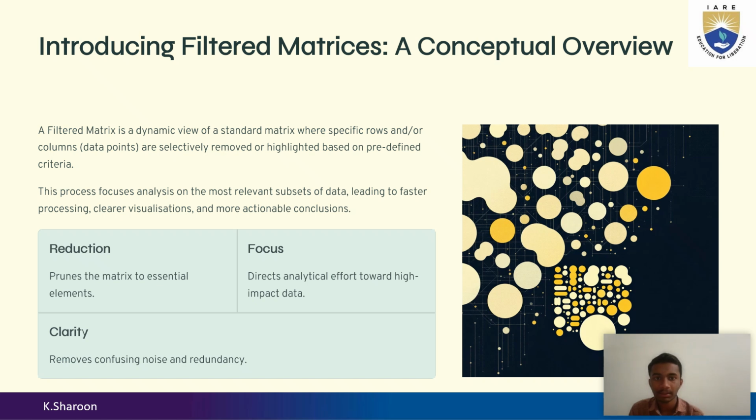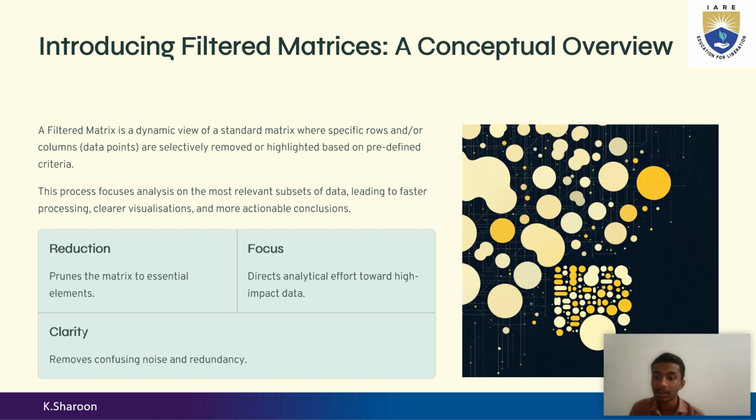Introducing filter matrices, a conceptual overview. A filter matrix is a dynamic view of a standard matrix where specific rows and columns, that means data points, are selectively removed or highlighted based on predefined criteria. This process focuses analysis on the most relevant subsets of data, leading to faster processing, clearer visualizations, and more actionable conclusions.